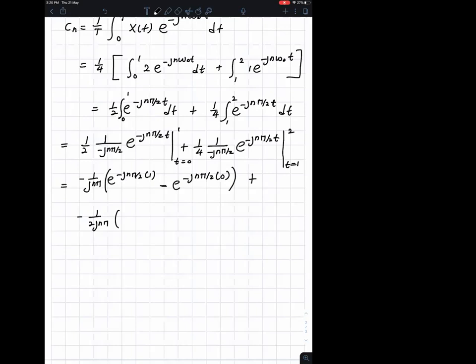There's a plus here, so e to the minus jn pi over t times 2 minus e to the minus jn pi over 2, 1.